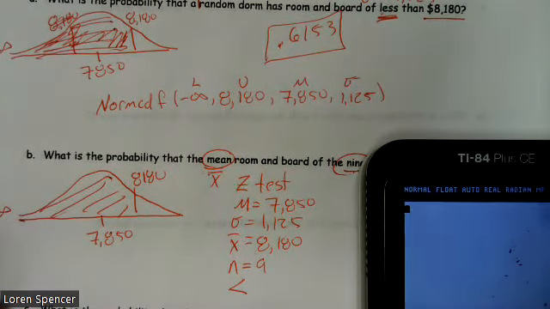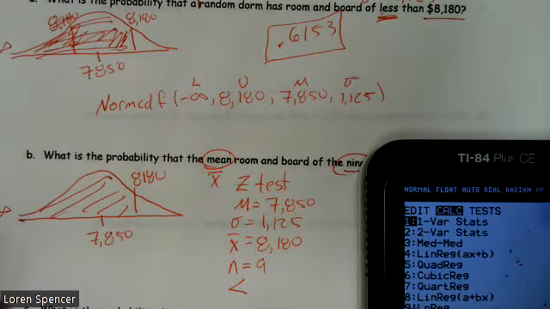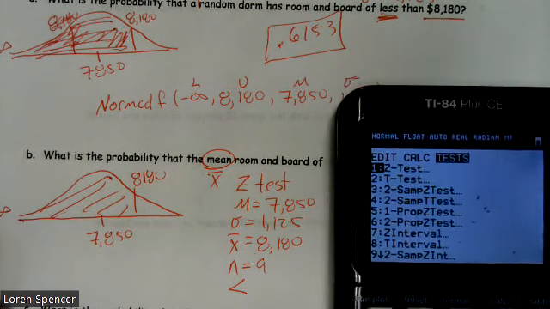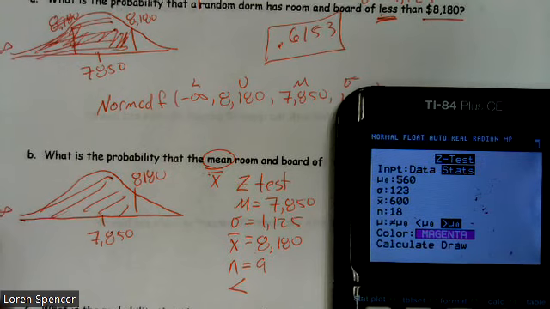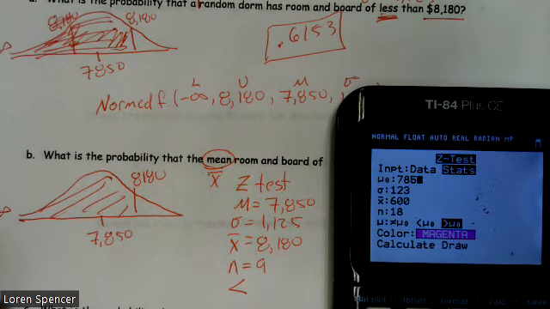When we go to the calculator, we're going to go to stat, test, arrow over to Z test, and enter that information. So 7,850, 1,125, X bar of 8,180, sample of size 9. And I should say this before we go much further.